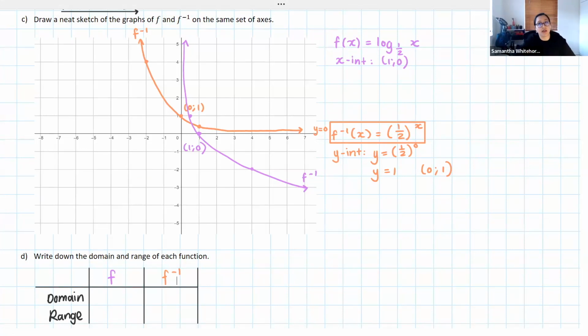And if you are struggling, have a look at the notes from earlier. I'm going to give you one more minute and then we're going to have a look.